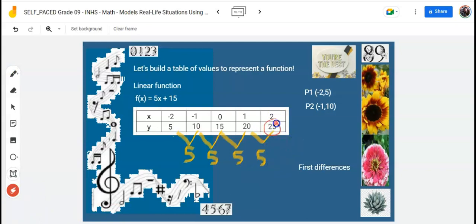Okay? So, 25 minus 20, 5. And then, 20 minus 15, 5. Yeah, 15 minus 10, 5. And then, 10 minus 5 is 5. So, kung naa kay table of values, unya tan-awon, i-study nimo ang y values, unya makakuha ka og first differences. So, makaingon ka nga, kani linear function na siya.